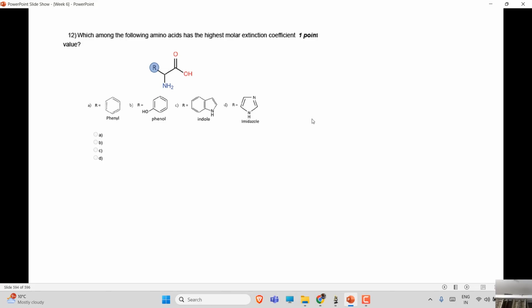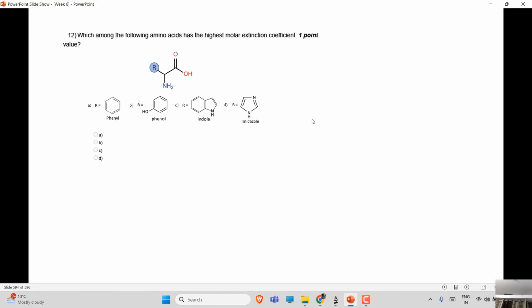For tryptophan, the side chain is an indole ring, fused benzene plus pyrrole. So it is a highly extended conjugated pi system, with 10 pi electrons in aromaticity plus extra from pyrrole. Pi to pi star transitions are strongly allowed and overlap well with 280 nanometer, and this makes tryptophan's absorbance dominant in proteins, even if there is only one tryptophan versus many tyrosine and phenylalanine.